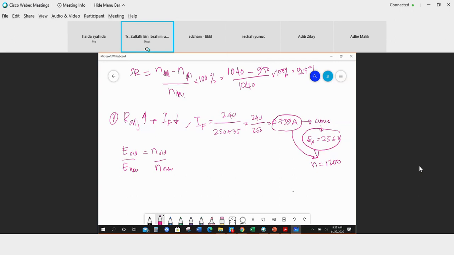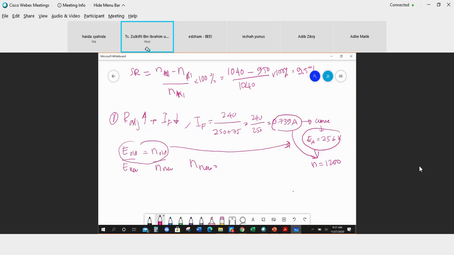So which one is old, which one is new? Sama juga. Yang old ni adalah from the curve. So that's the old. So you have to find new speed.